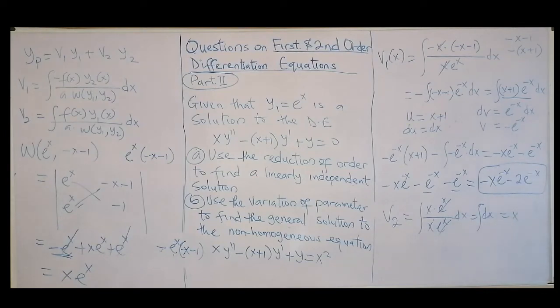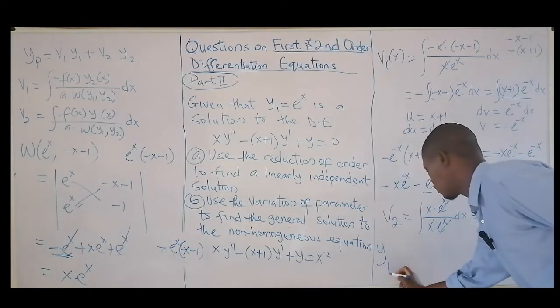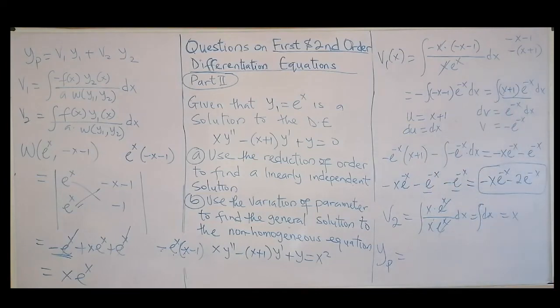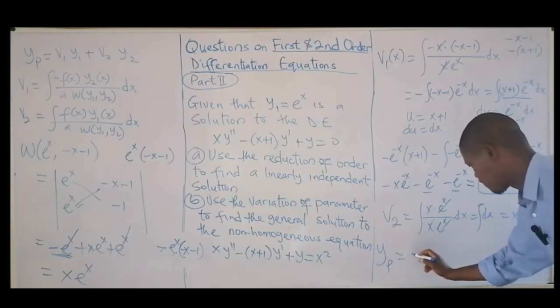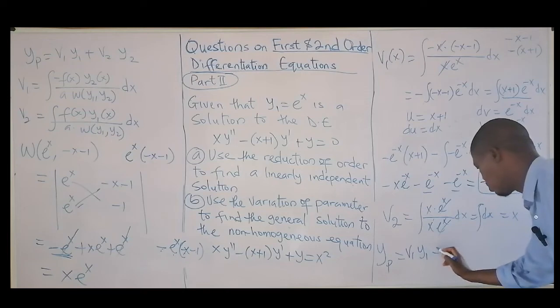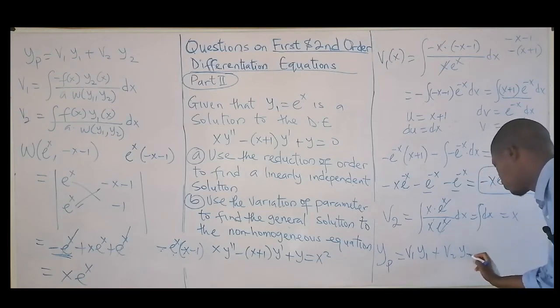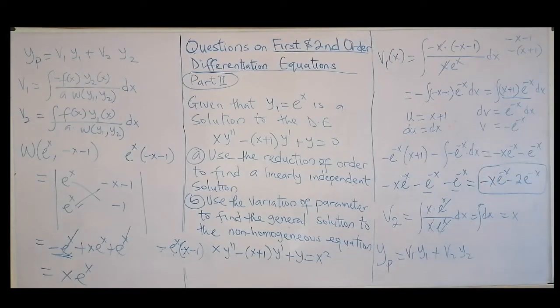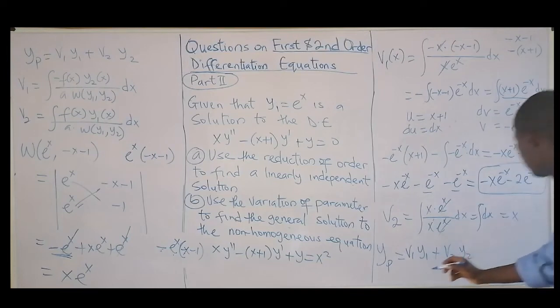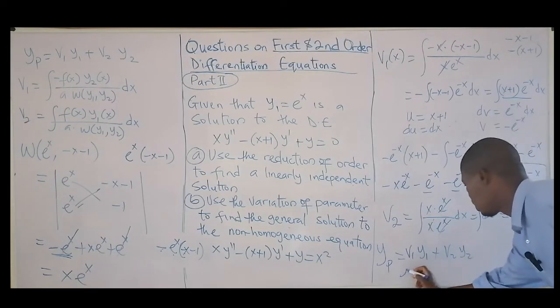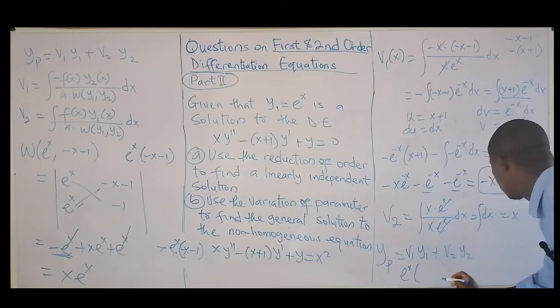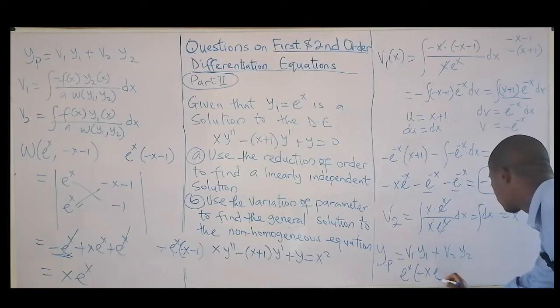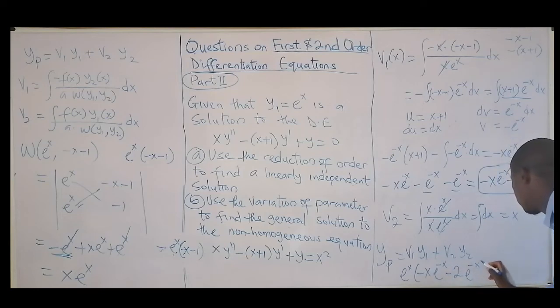Which is x. Okay, so the particular solution for this non-homogeneous equation will now become v1 y1 plus v2 y2. My v1 is what? My v1 is this, times e^x, minus x e^(-x) minus 2x.